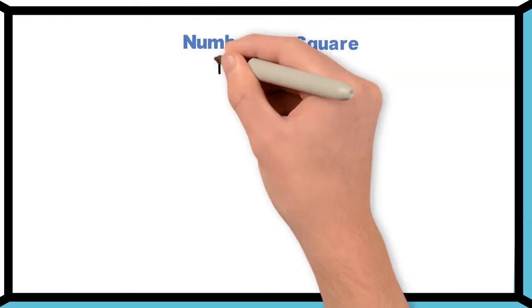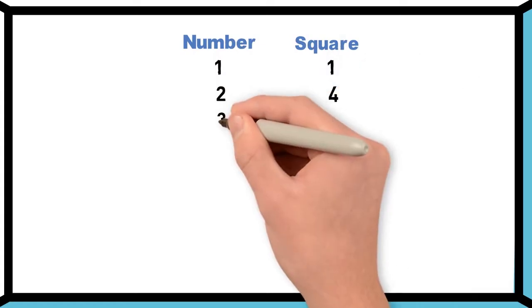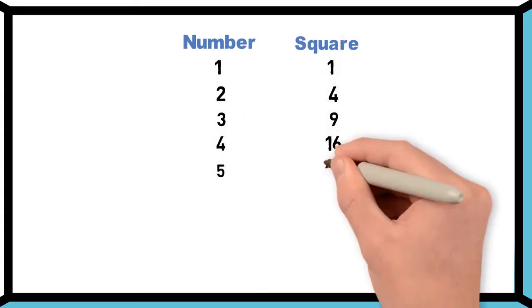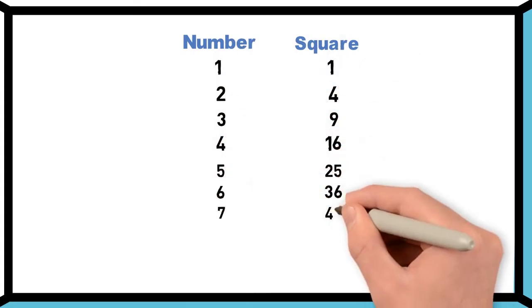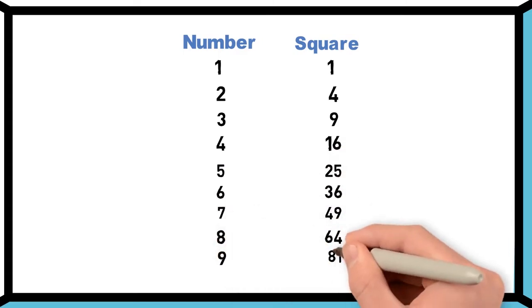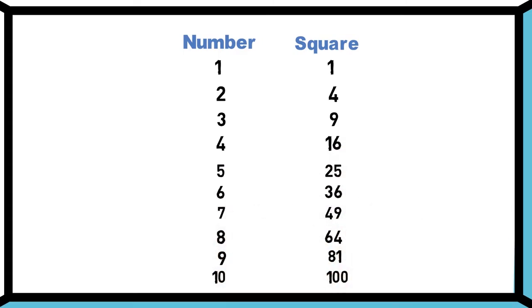We all know the squares of numbers 1 to 10. 1 square is 1, 2 square is 4, 3 square is 9, 4 square is 16, and so on. 10 square is 100. Here we observe the last digit of the numbers. As 1 square and 9 square, the last digit is 1.